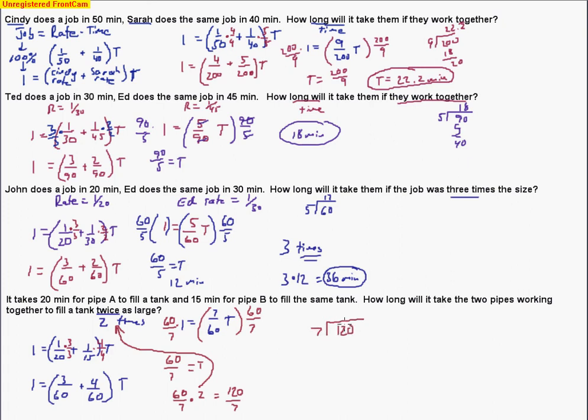So 7 goes into 12 just one time, with 5 left over, it goes into 50 7 times with just 1 left over. So I can add a decimal point, bring that down, it goes into 10 one time. So about, now that's just about, because I rounded to the nearest tenth, it's just going to be about 17.1 minutes to fill a tank that's twice as large. So those are the types of problems you'll see on tonight's homework. Good luck.